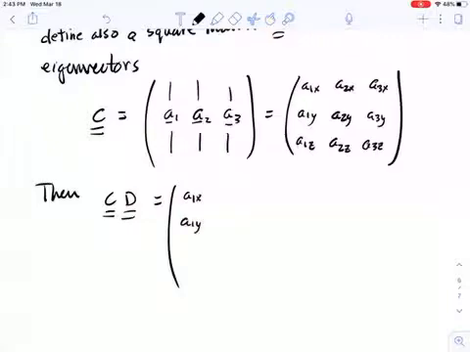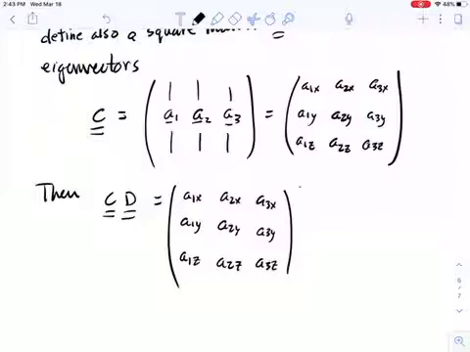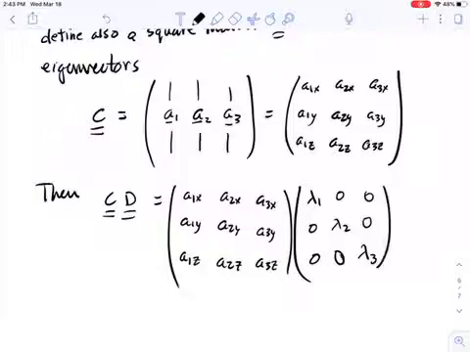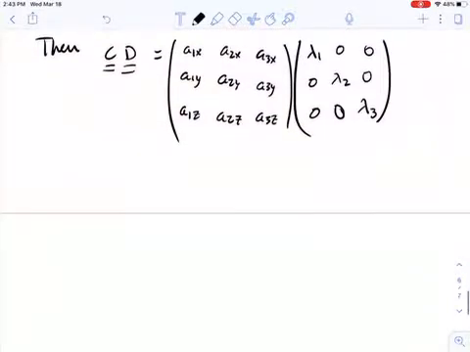So I'm going to rewrite C to be as complete as possible: A2Z, A3X, A3Y, A3Z, and then the diagonal matrix is just the 3 eigenvalues. If we actually did that multiplication, it's not too difficult because so many of the elements of the diagonal matrix are 0.